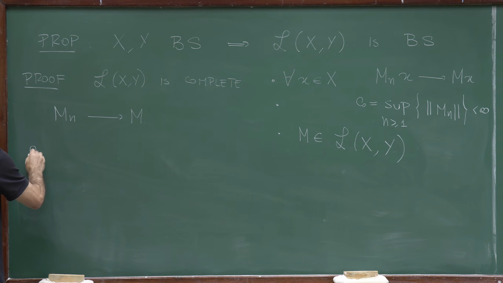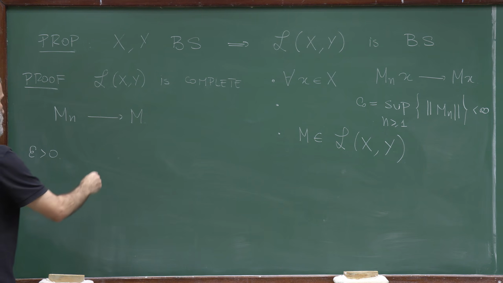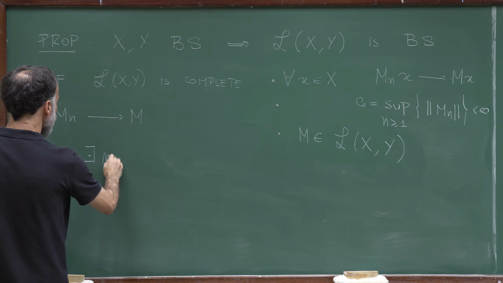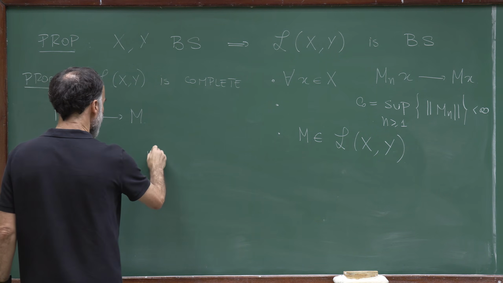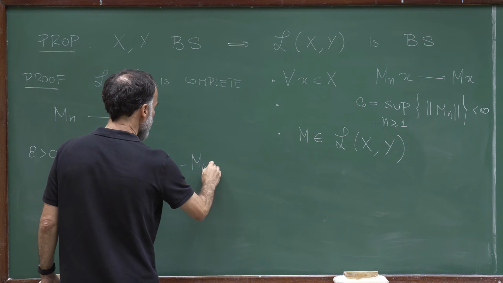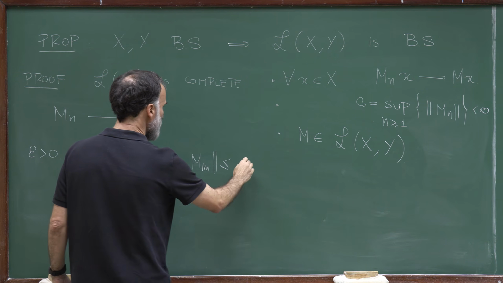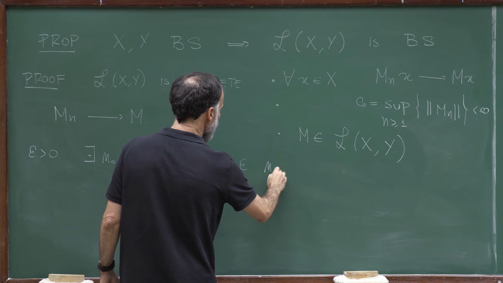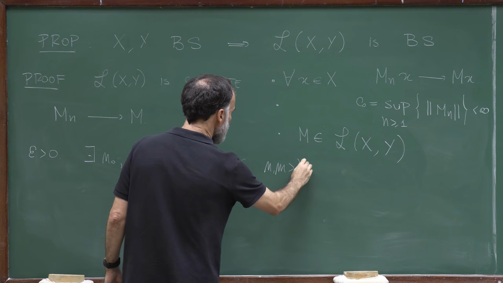Now fix epsilon positive. I know that Mn is a Cauchy sequence, so I know that there exists an N0 such that Mn minus Mm is bounded by epsilon provided n and m are larger or equal than N0.